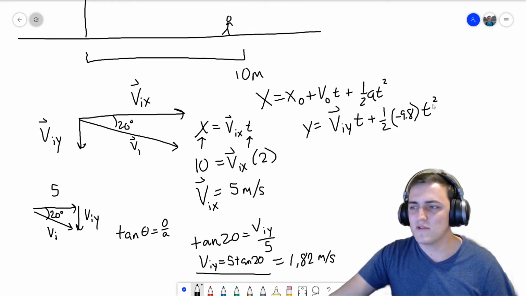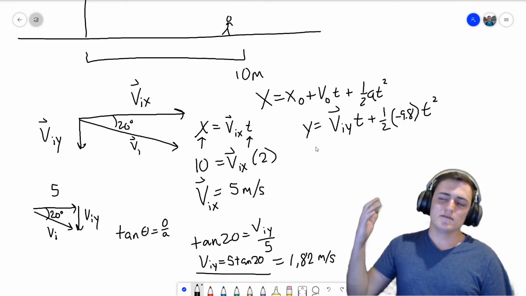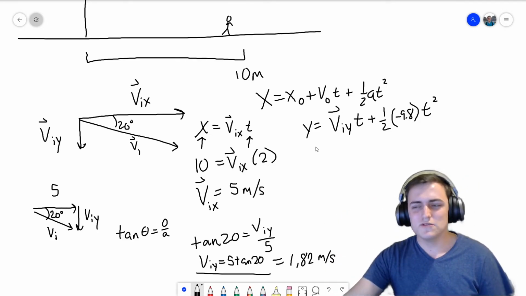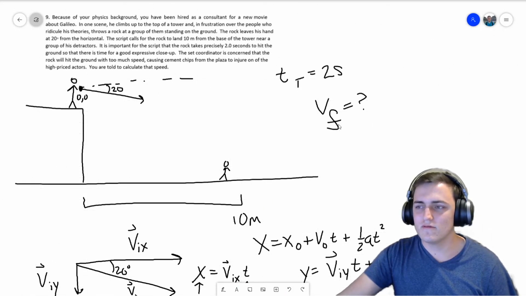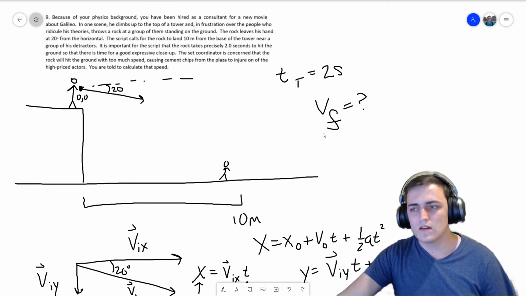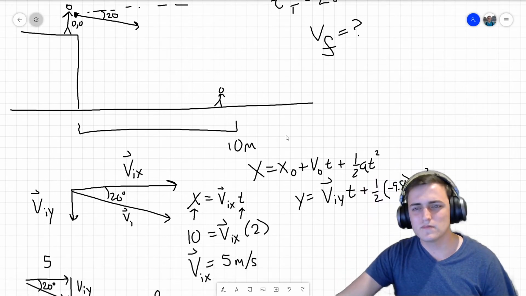Well, what if we go back and we look at our y-axis, right? It's kind of the only equation we haven't used yet. So let's see. Why don't we try and think about our deliverable? Our deliverable is V final.